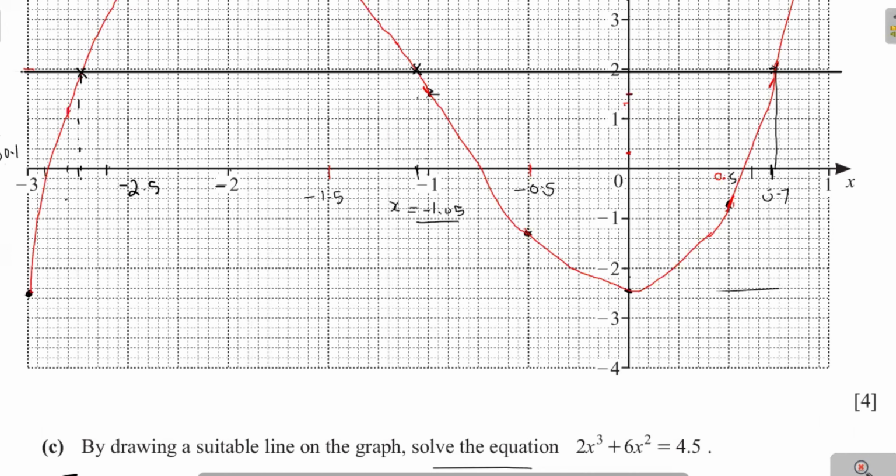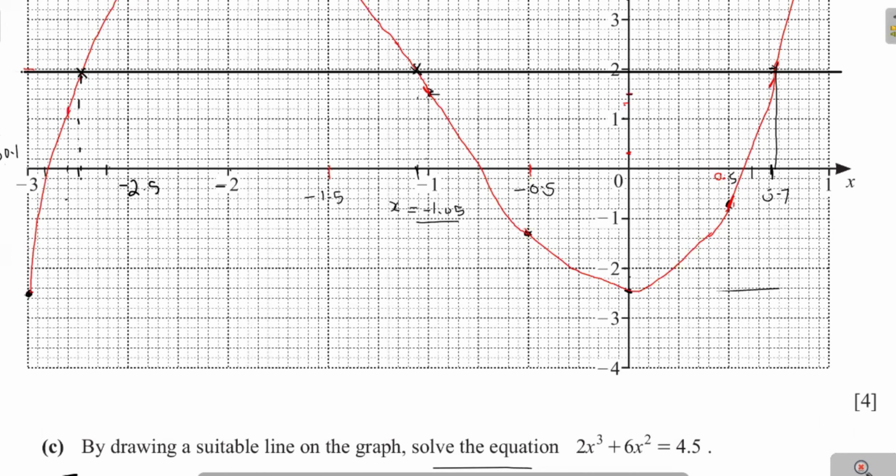Question 11, f of x equal to 1 over x, g of x equal to 3x minus 5. Find g f of 2. f of x here is 1 over x. Therefore, f of 2 will be equal to 1 over 2. We substitute the value here, that is 1 over 2.